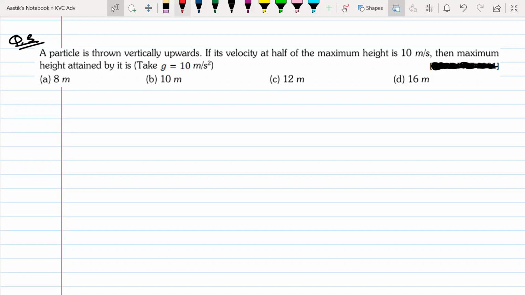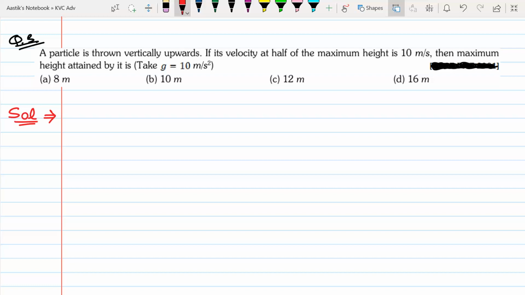Can you tell me how you have done this? So 2 into maximum height, sir. 2 into maximum height, what? I don't understand. 2 into the formula of maximum height, sir.